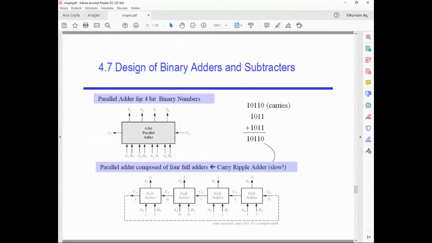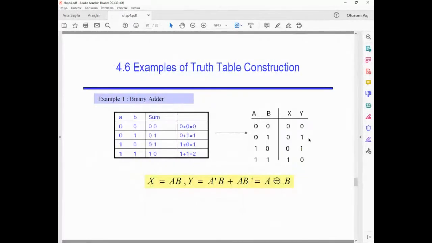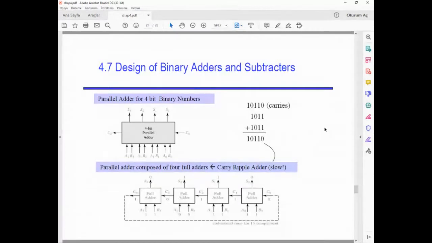So there is a parallel adder. It is kind of important if we get a chance to do the laboratory. If we will use the FPGA in lab, we will create the adders first. So if you get a 1 bit adder like that, you have 2 inputs, both of them 1 bit, 1 output, it is Y, and 1 carry bit, it is X. And using the 1 bit binary adders, you can create a 4 bit parallel adder like that.